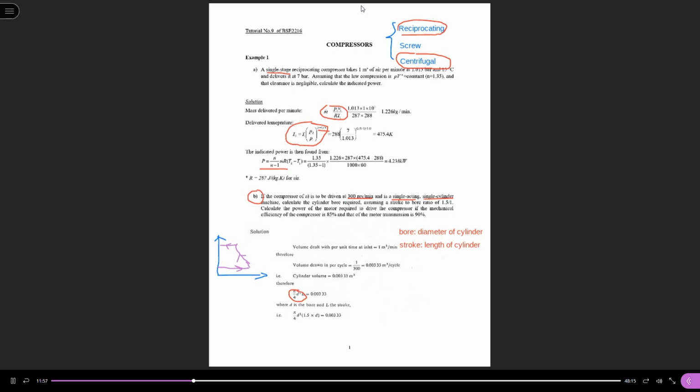So this is the cylinder, this is the stroke, and the diameter of the cylinder is called the bore. So we know the stroke to bore ratio is 1.5.